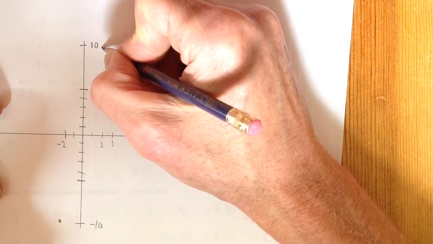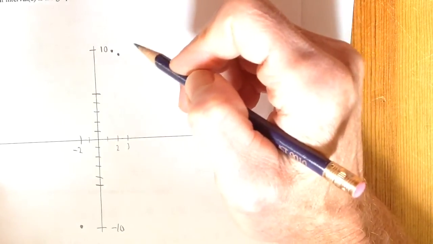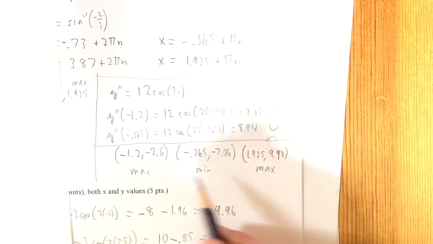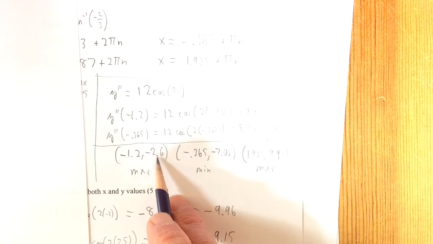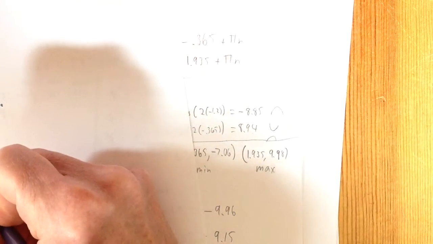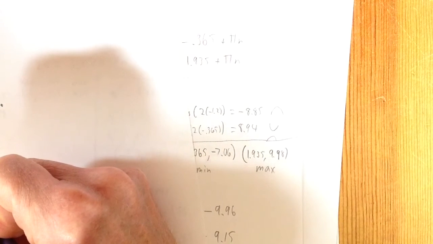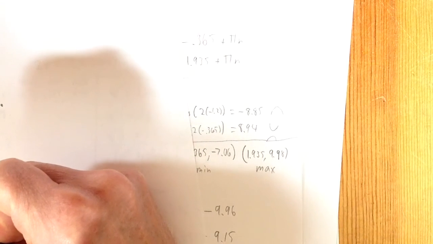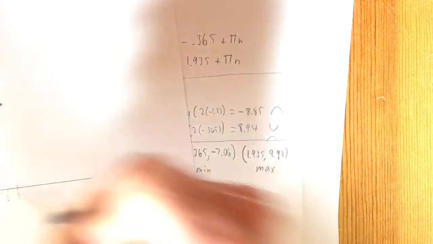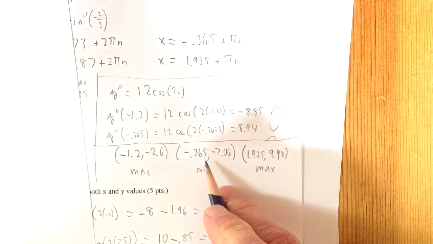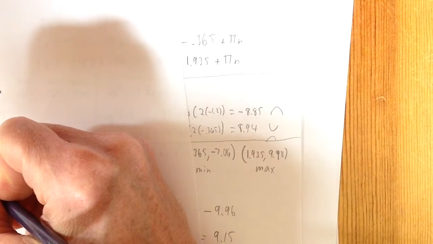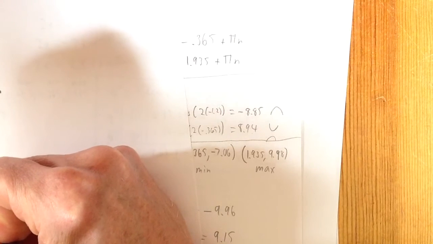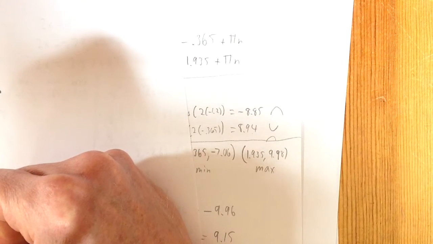So let's say it's right about there, just about 10. That's our peak, then it goes down. And then we have one more at -1.2, where it's -2.6. So here's -2.6, something like that. And at -0.365, it's -7.06, so it goes down. Here's -5, -7. It's going to be something like this.